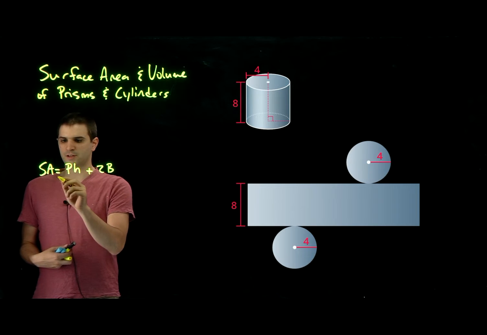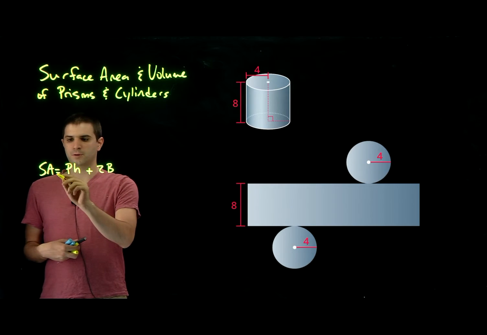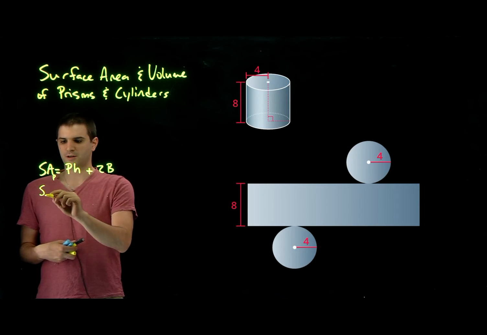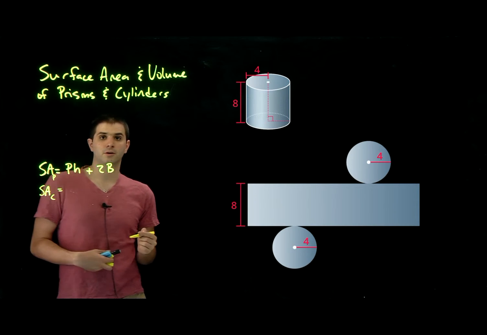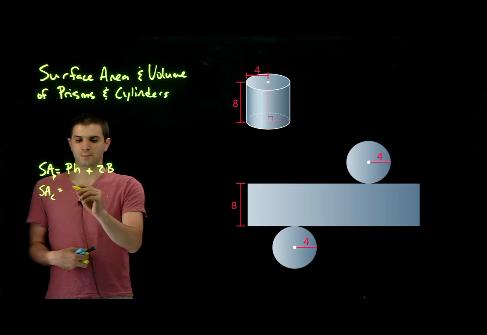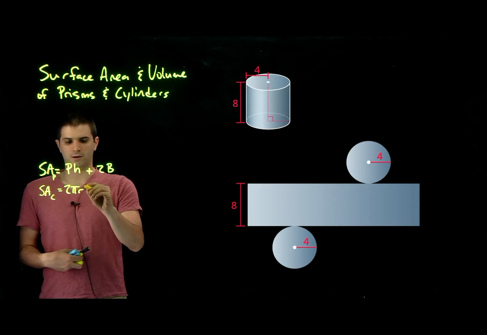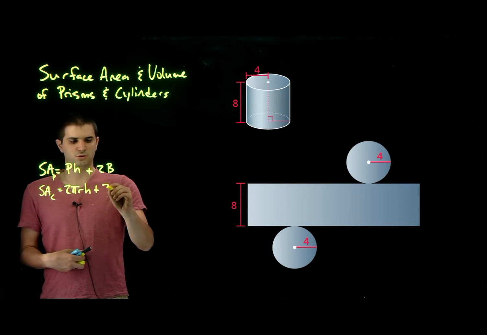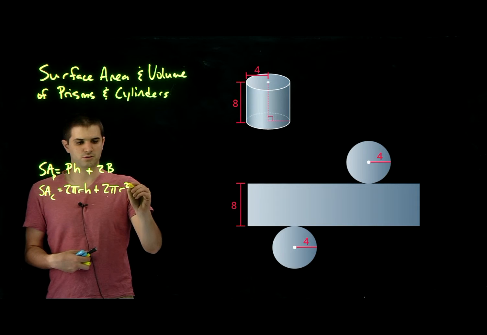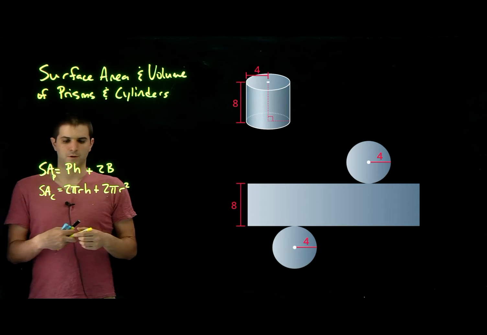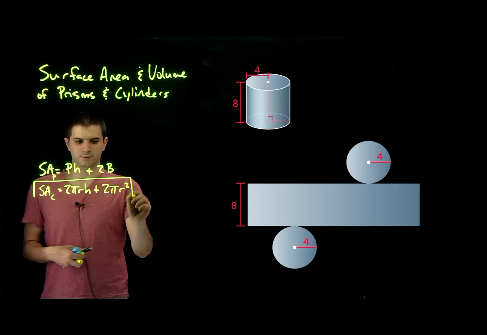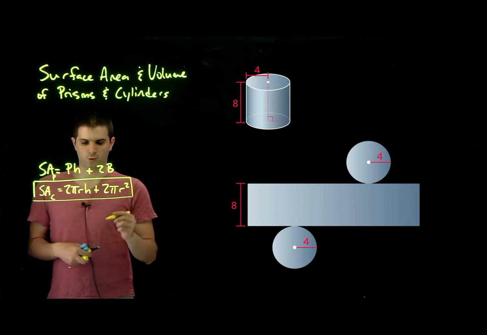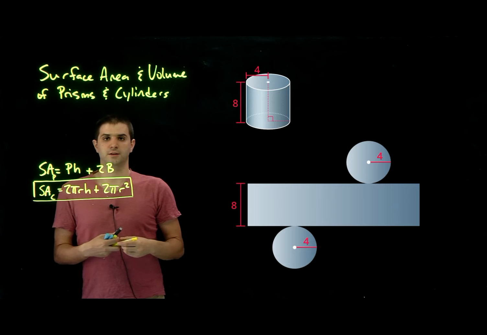So the surface area for cylinders is going to be, the perimeter of a cylinder is 2 pi r, so 2 pi r h plus 2 pi r squared. This is going to be our formula for the surface area of cylinders.